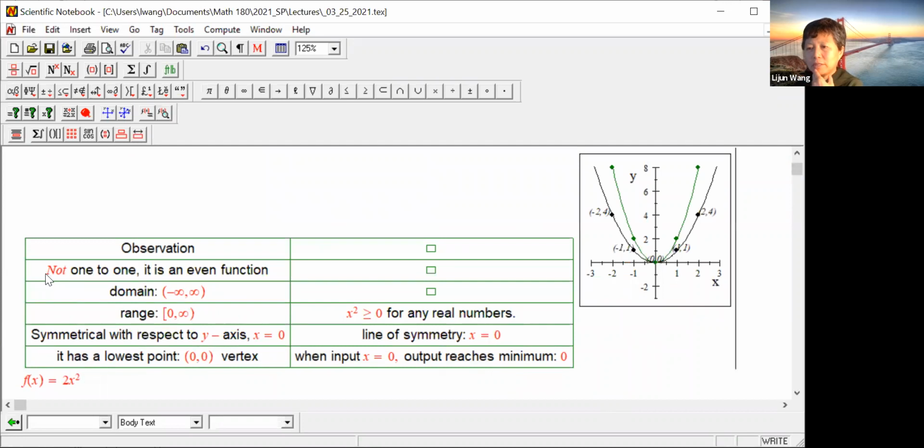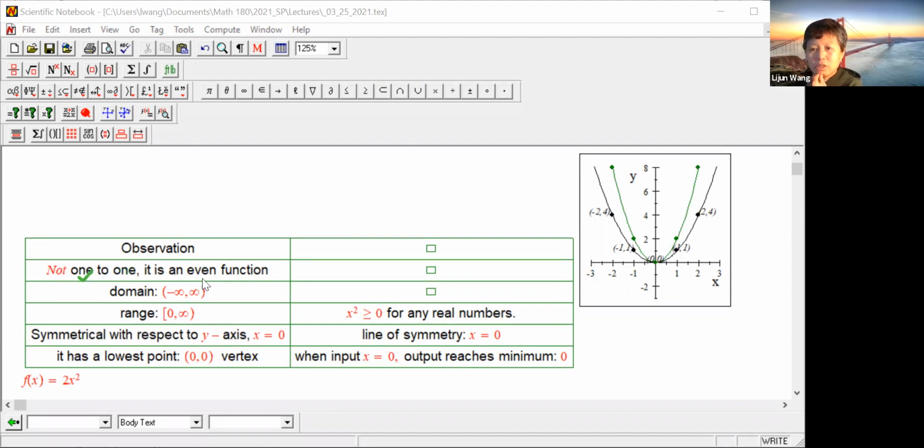Is it still not a 1-to-1? So let's check this list. Shall we? It's still not a 1-to-1.